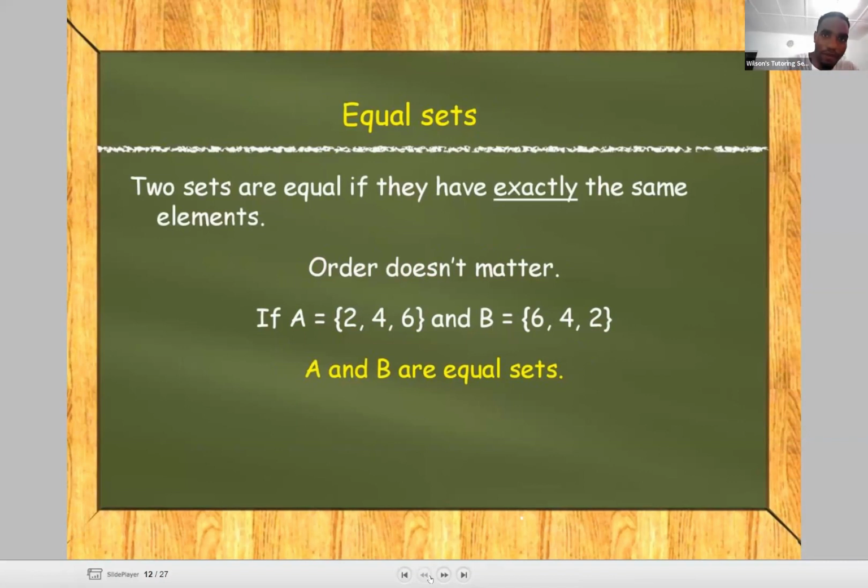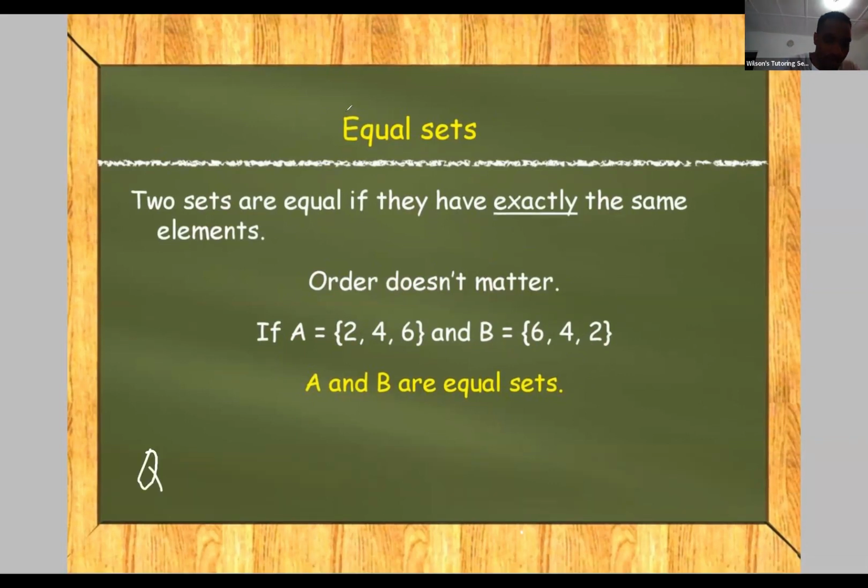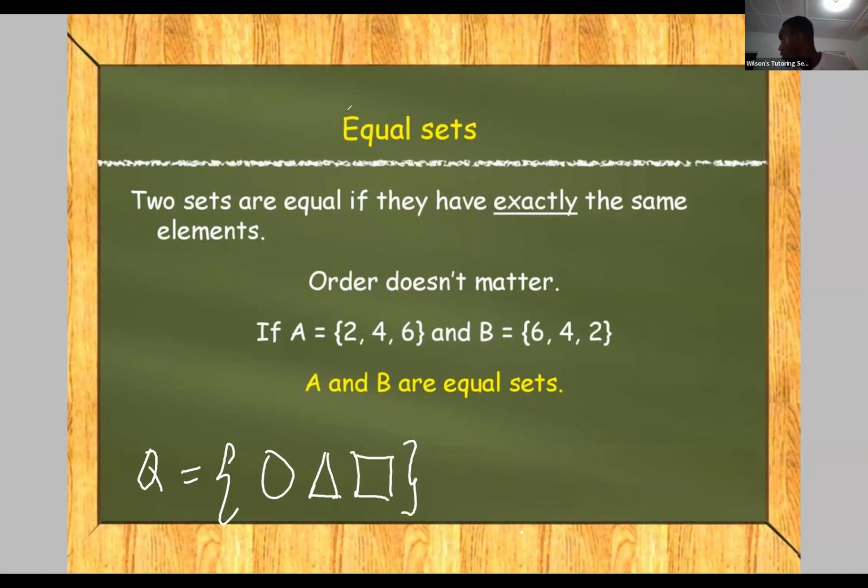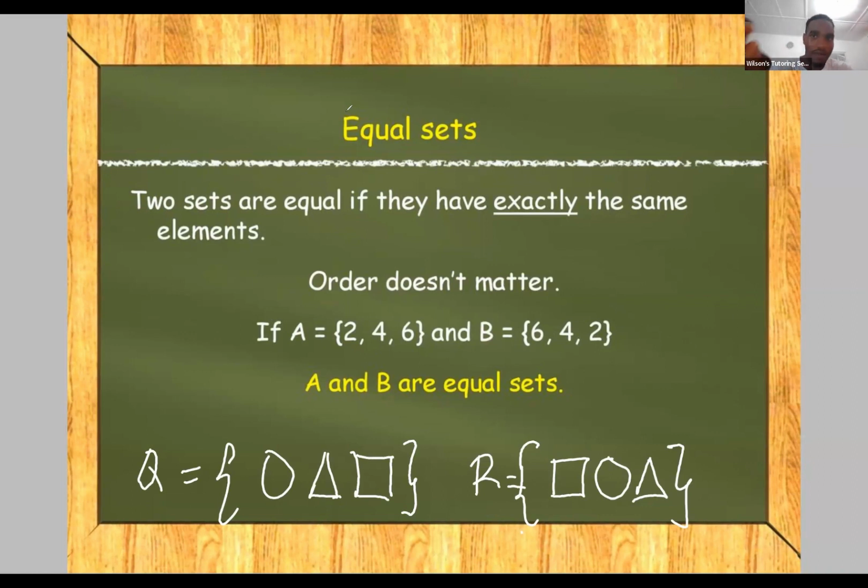So let me do this little example before I proceed. If I have set Q, and set Q has circle, triangle, and square, and set R has square, circle, and triangle, these are equal because they have the same elements in them.